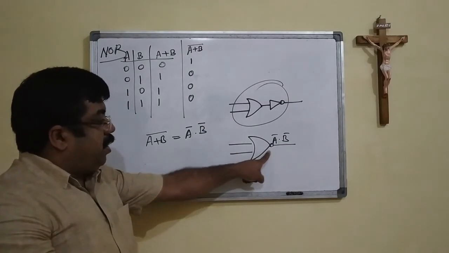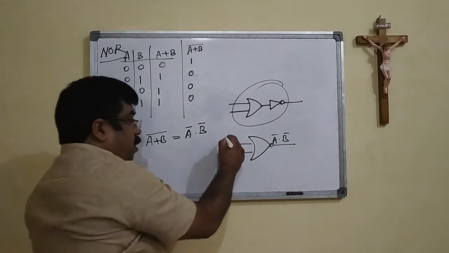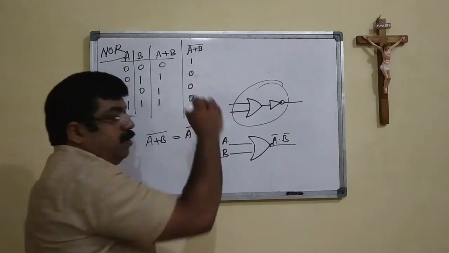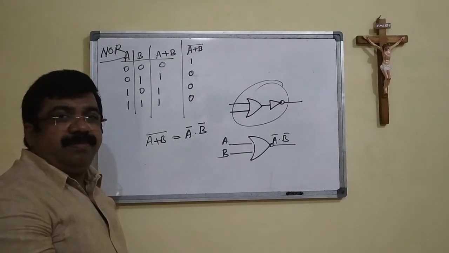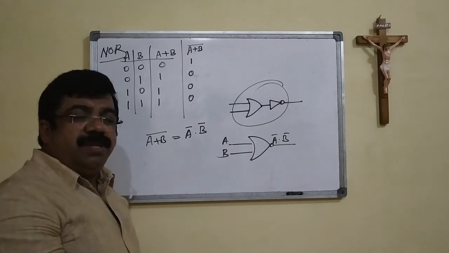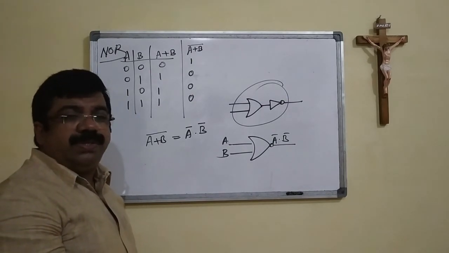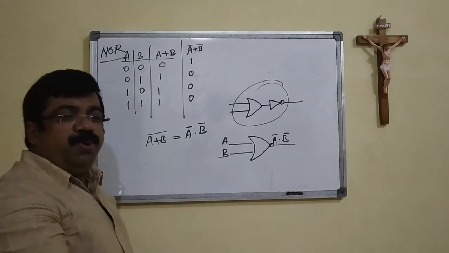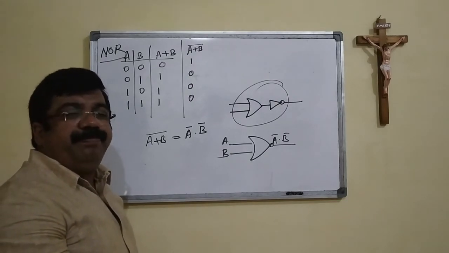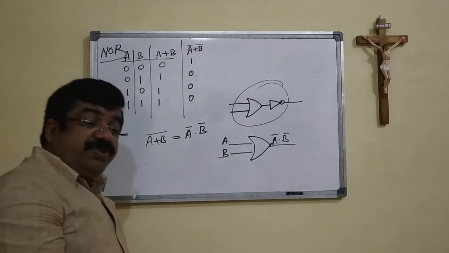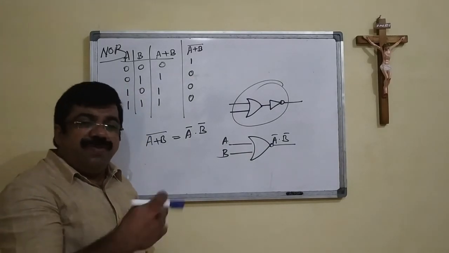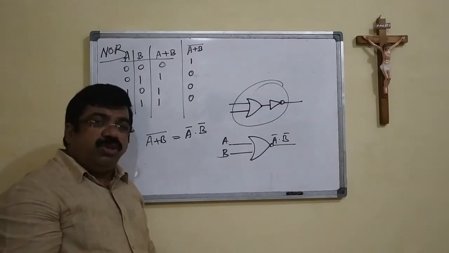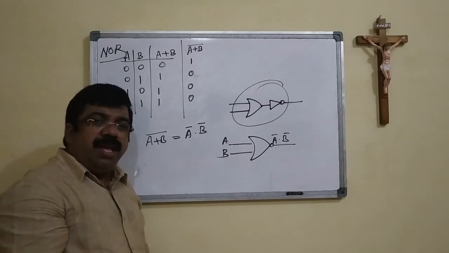This is the logic circuit for the NOR gate. This also can have more than 2 inputs and the corresponding outputs too. We say the NAND gate and the NOR gate are the universal gates. All those things we will see in the coming classes.